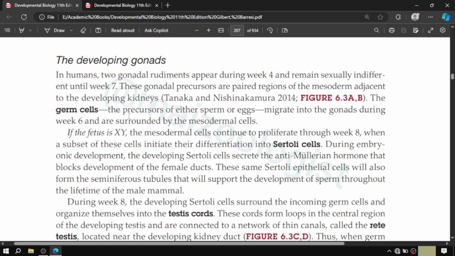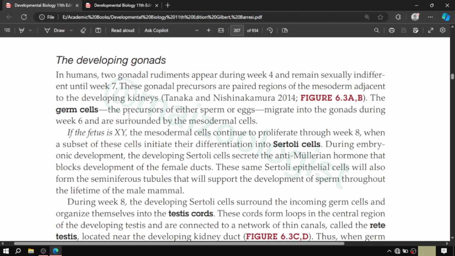The very first thing to remember is that in mammals, sex determination has a couple of stages. The first stage is called primary sex determination, and the other one is called secondary sex determination.